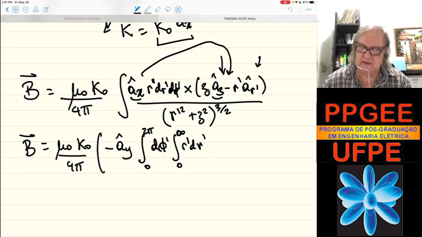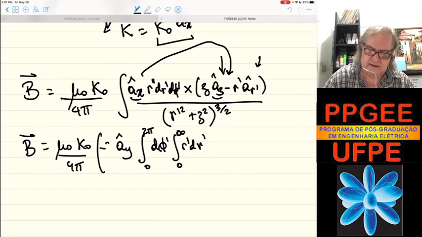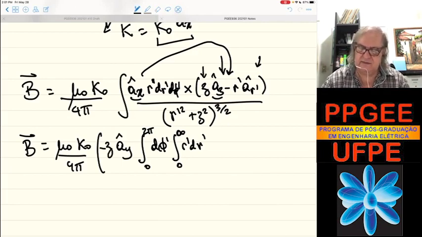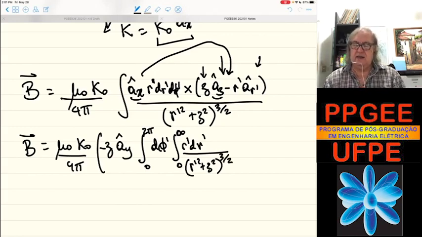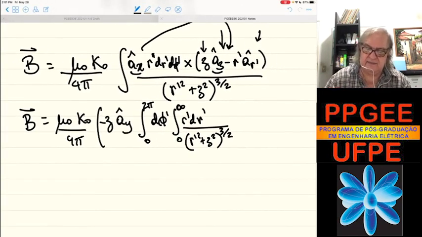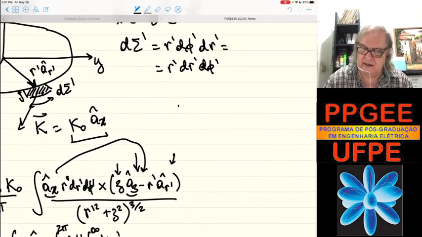So we're going to have a z, which can be placed outside of the integral, and r squared plus z squared to the 3/2. The other integral involves the cross product of a_x with a_r prime.